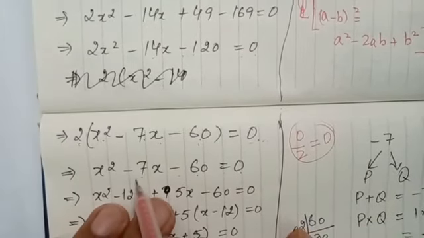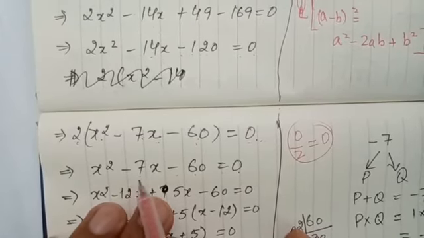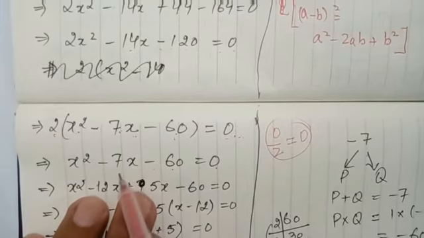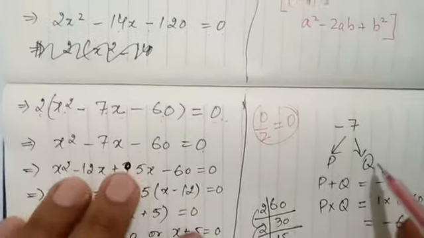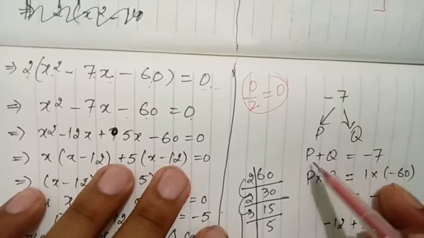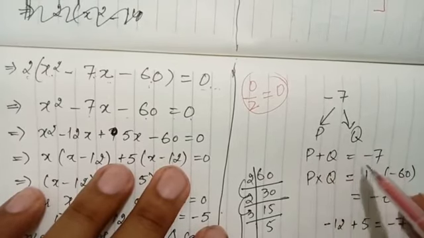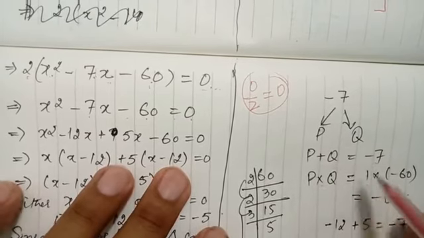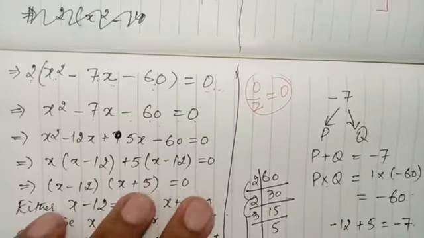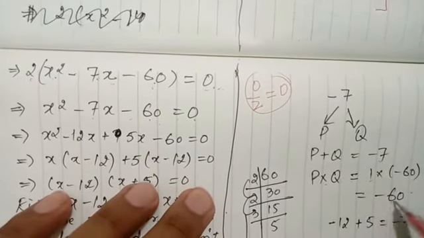Now see the middle term. We will use the factorization method, splitting the middle term. The middle term is minus 7x, so the coefficient of x is minus 7. I have to break minus 7 into two terms, p and q, such that the sum of the terms is minus 7 and the product of the terms is the product of the coefficient of x square and the constant term, that is 1 into minus 60, which is minus 60.